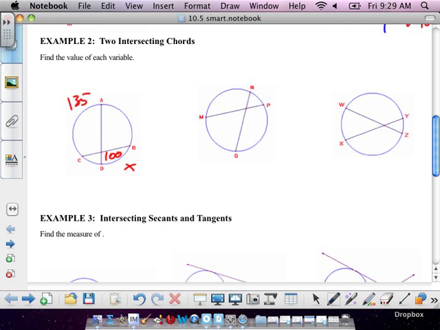So I know 100 right here. 100 equals 1/2. What is its intercepted arc? What arc goes with 100? X. And what's the vertical arc for the arc? 135.